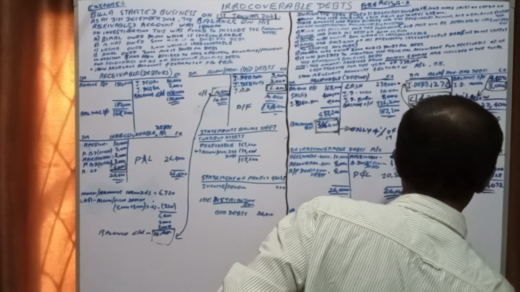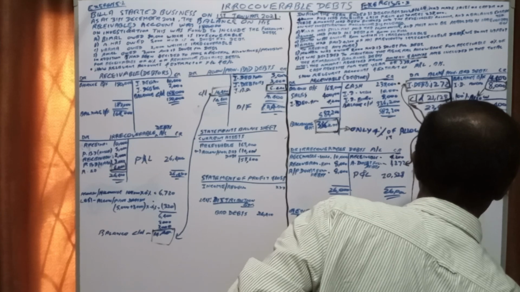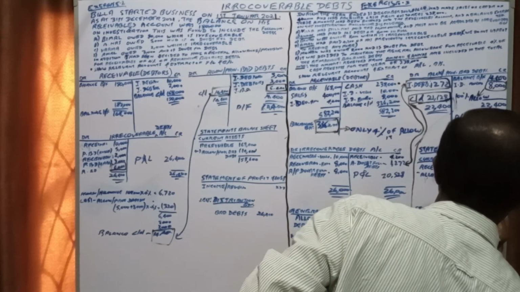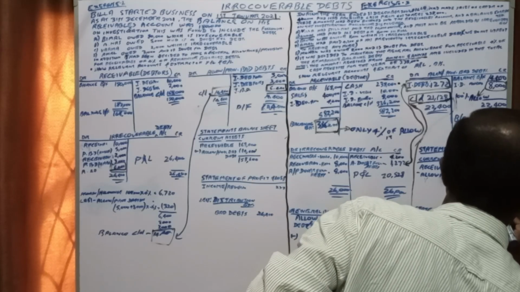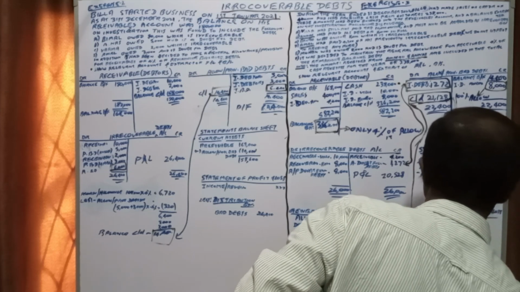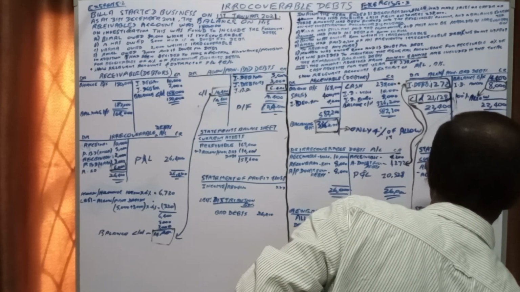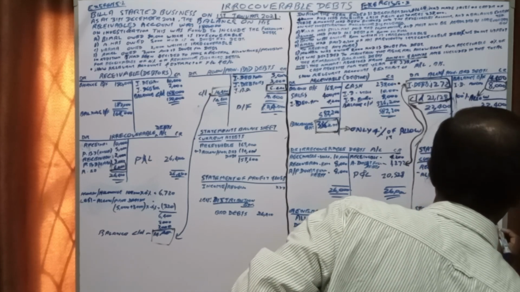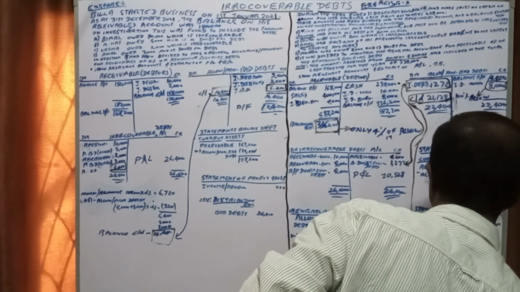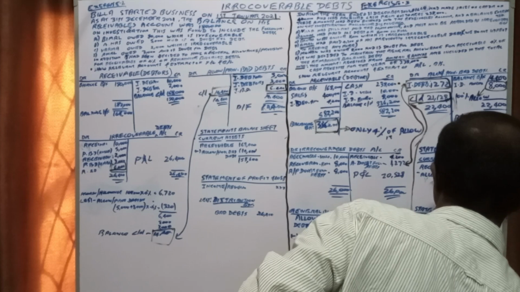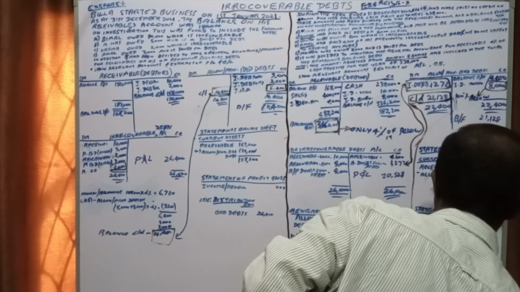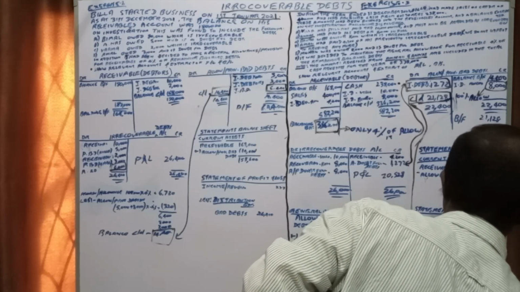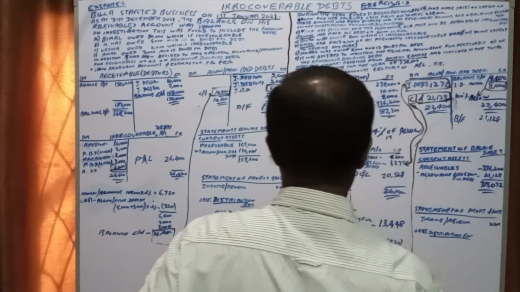Under income or revenue you mention here, and less distribution expenses, selling and distribution expenses. That means irrecoverable debts.